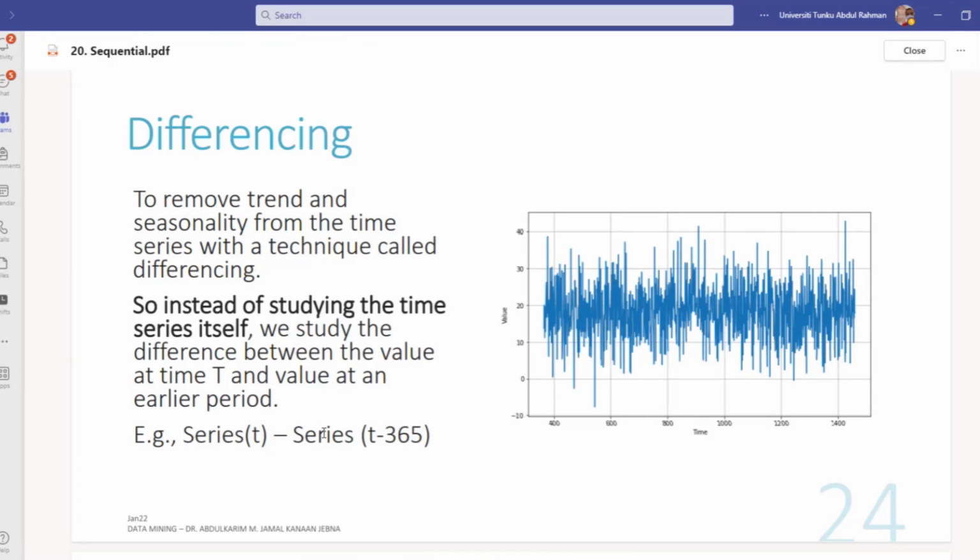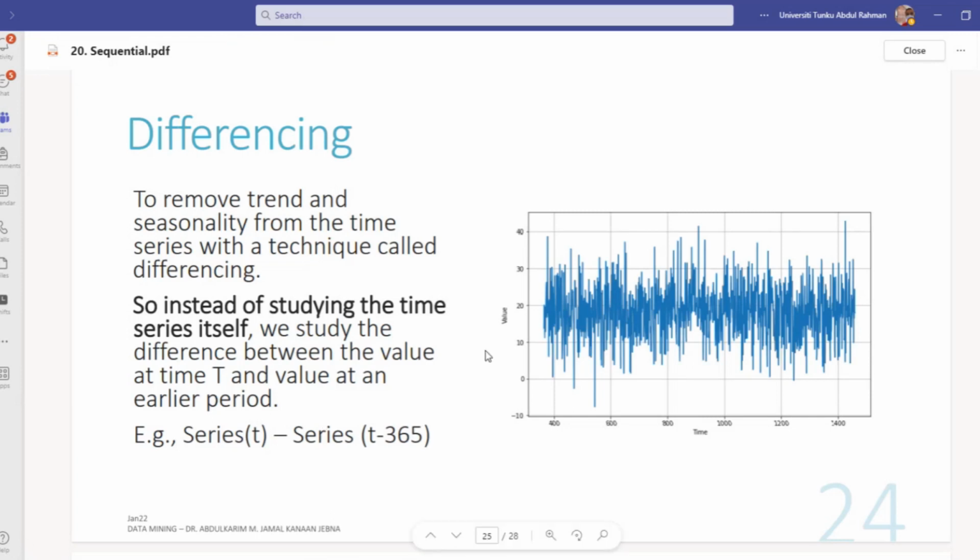For example, if we are looking at the gold price, we have collected data for the gold price for 2022 and 2021, and assuming that the seasonality of the gold price happens every year, a repetitive pattern over 1 year, then we take the gold price at, let's say, 1st of January 2022, and subtract the gold price at 1st of January 2021.